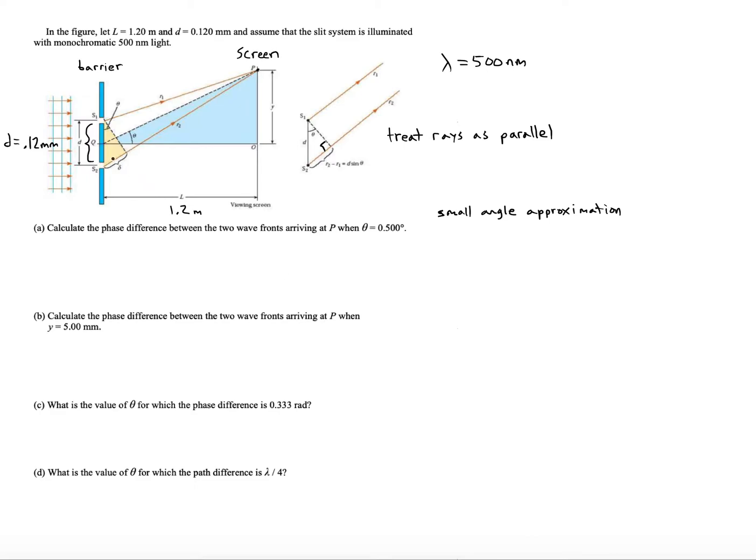Alright, so the path length difference is important when it comes to finding the phase difference between the waves. So we're going to assume that this can be given by the formula d sine theta. Alright, so let's find out how long is that d sine theta.